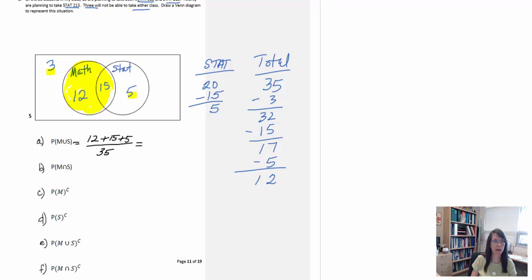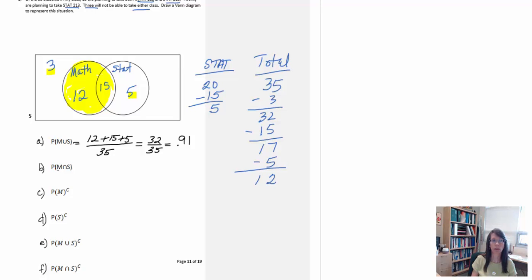So when we add our numerator, 15 and 5 make 20, adding 12 more, that would be 32 out of the 35. That decimal is 0.91. So I'll just round to 2 decimal places. Example B says the probability of math intersecting statistics.